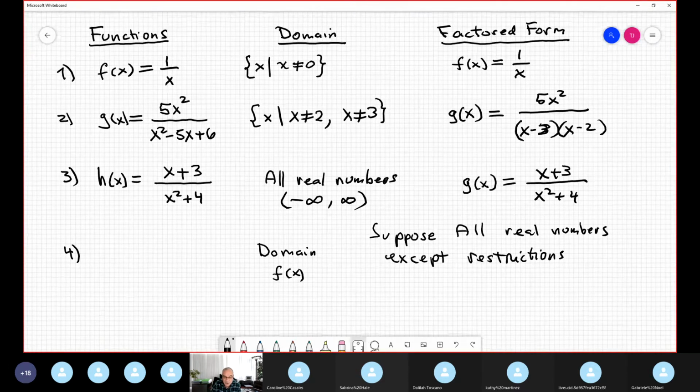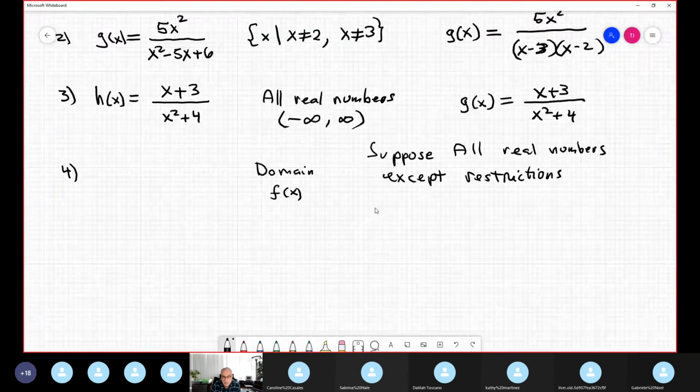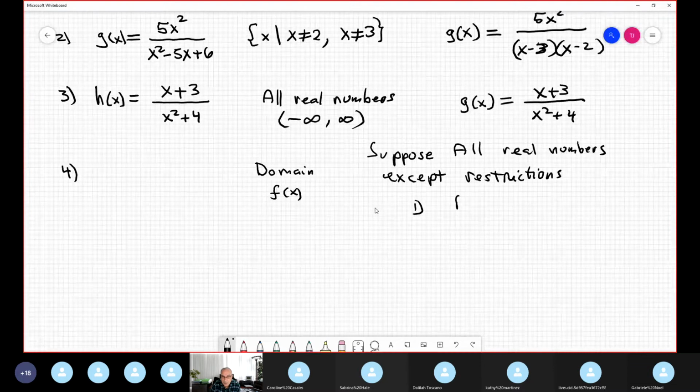For example, when our function is a division, suppose restriction number 1 is P divided by Q. You suppose that Q is not 0, which is our case.